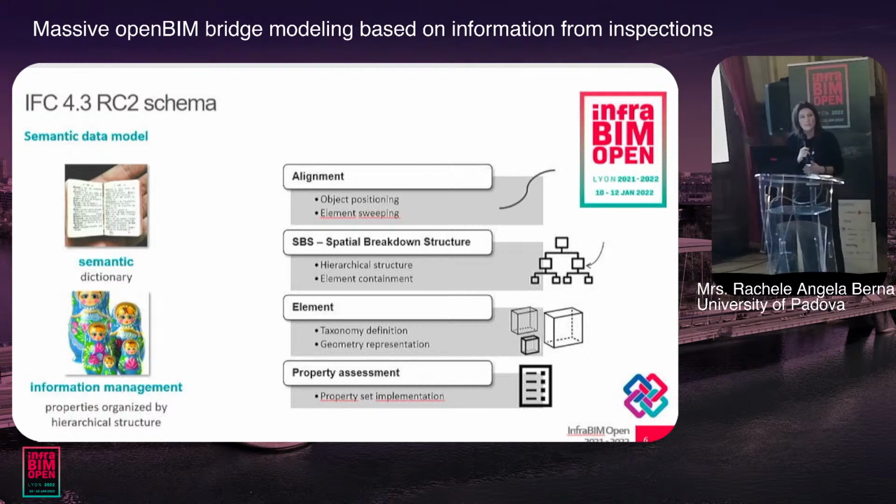Of course, the alignment, and so the object positioning and the sweeping of the element along the path, and then the organization of the spatial structure, and then of course, as I mentioned before, the taxonomy of the element and the geometry representation. The possibility to give properties to the model and to attach properties was one of the things that is implemented.